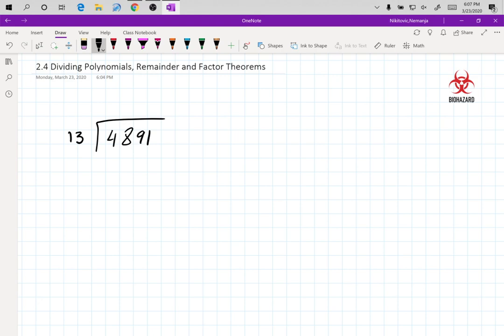So that's where we start. We start by dividing 13 into 4,891, and if you know this, then the other one is going to be easy. If you don't know this, then you learn this first, and then the other one is easy. The other way really doesn't work. So let's go and see what we can do.